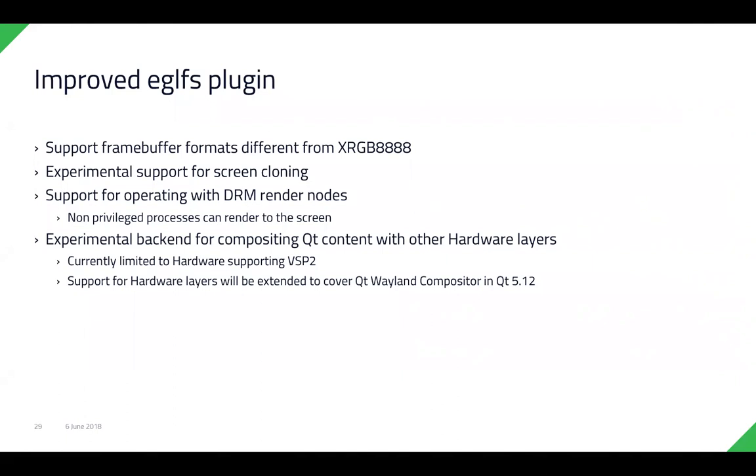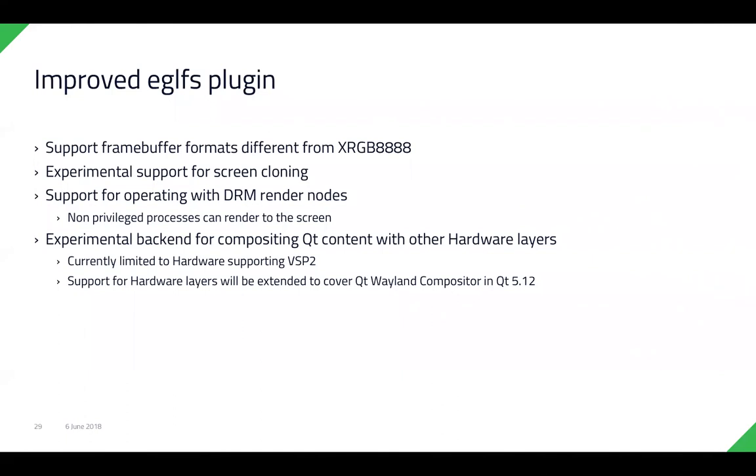We added support for operating with the Linux Direct Rendering Manager render nodes, which is important so that non-privileged processes can actually access and render to the screen. So far, you had to have root privileges to render with the EGLFS plugin. That is no longer required now. And finally, we've also added an experimental backend for compositing Qt content with other hardware layers using the graphics hardware and the different hardware layers exposed by the graphics hardware.